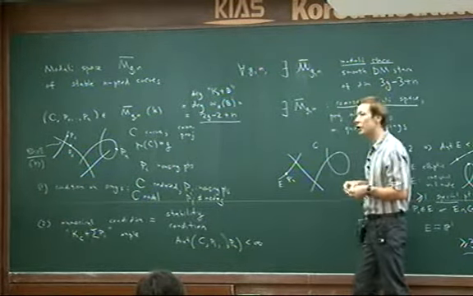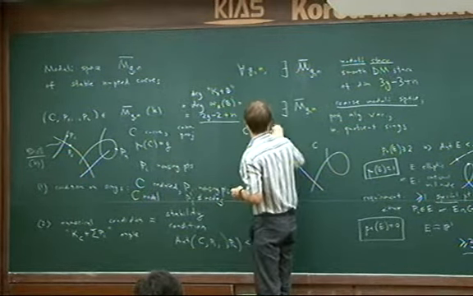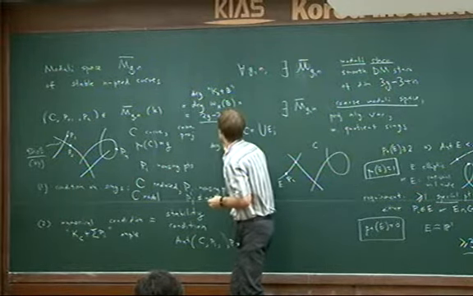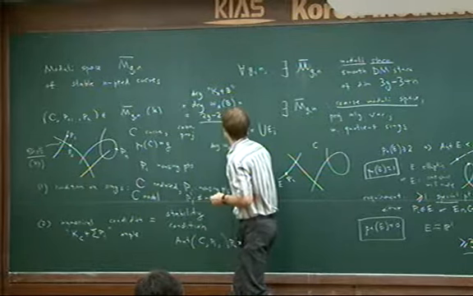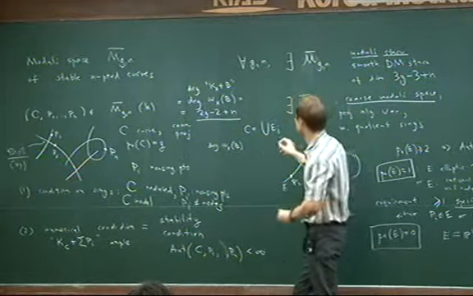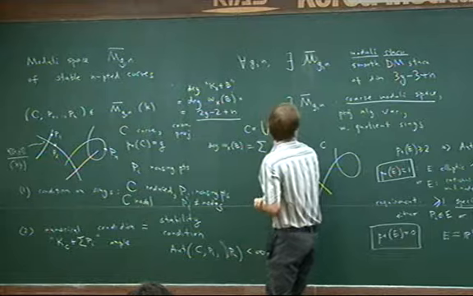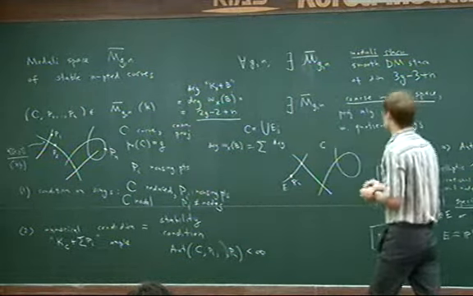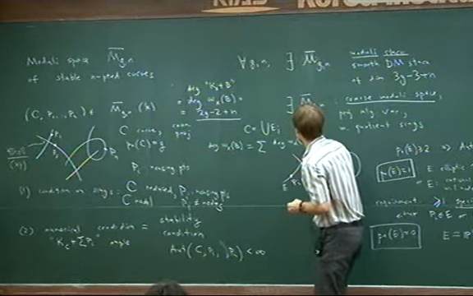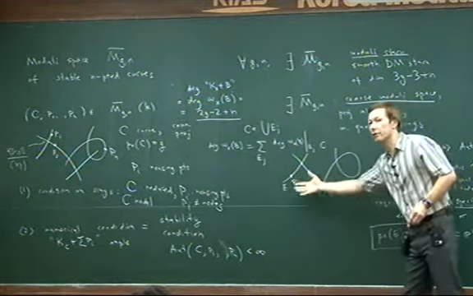And then when we degenerated, if the curve C has components E_j, then the degree of omega_X of B will be the sum of these degrees over the reducible components.